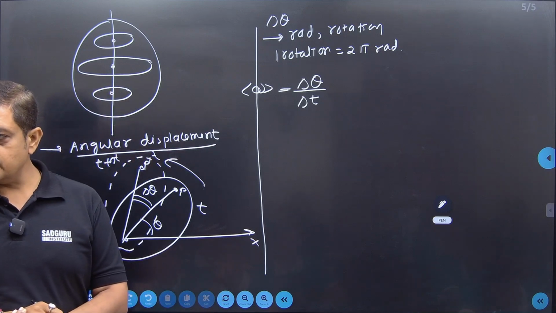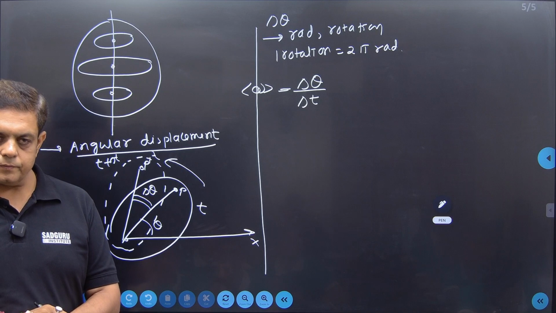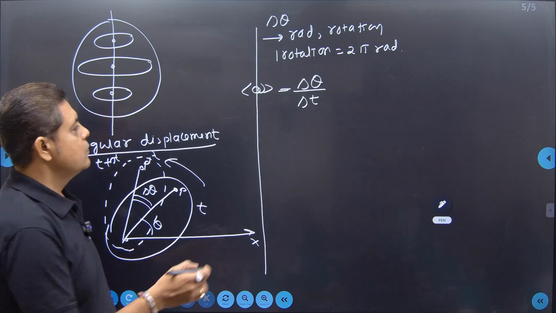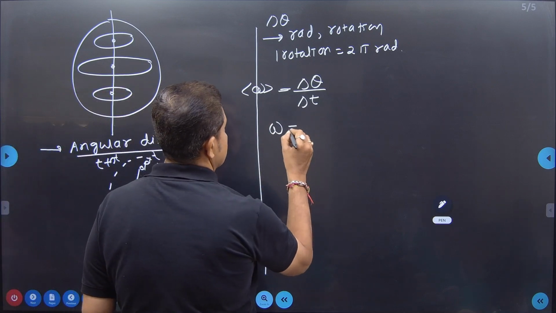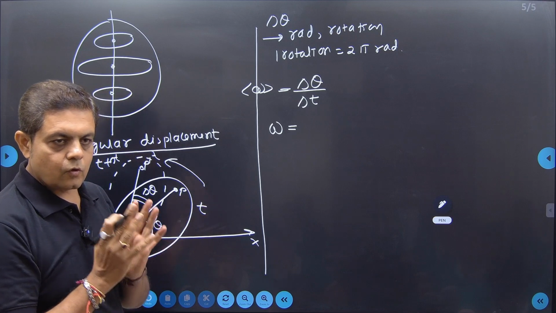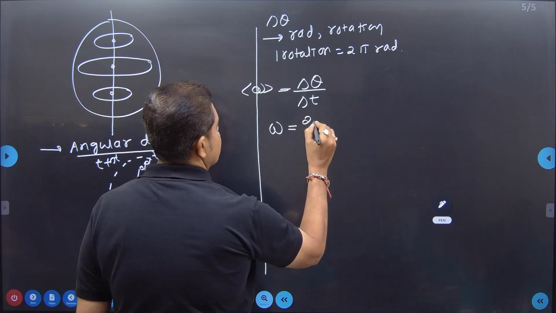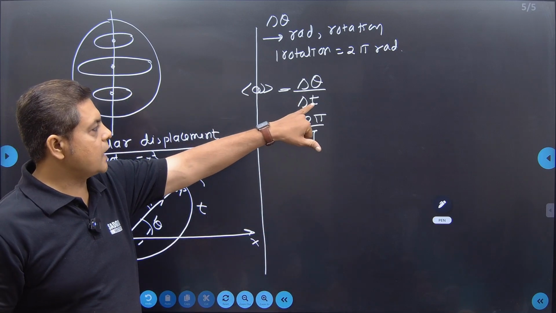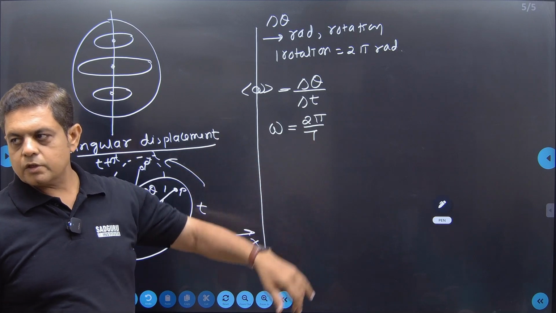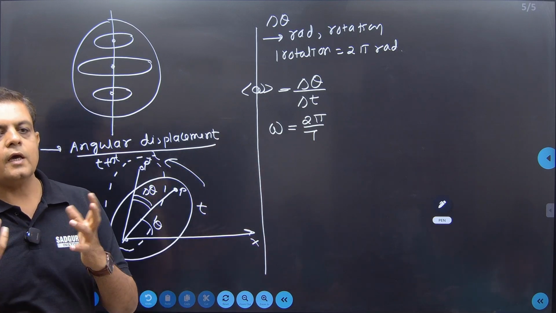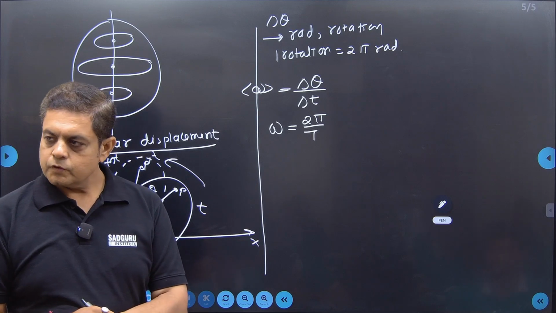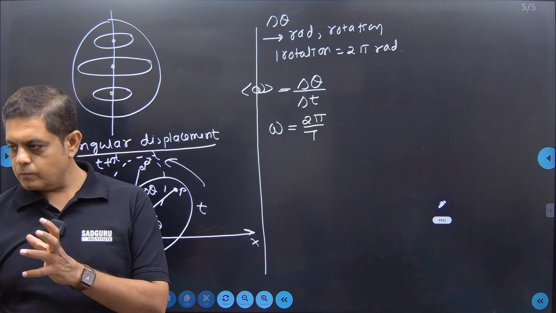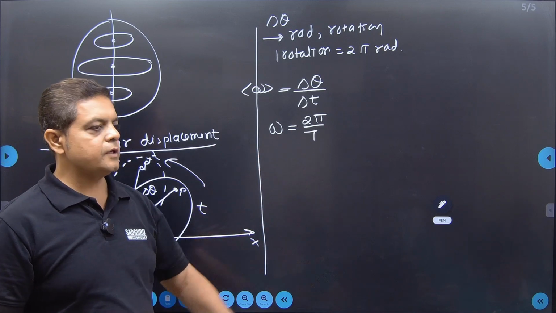If the angular speed is constant, omega can be represented as 2 pi by T. Here I have considered the time interval equal to the periodic time, and we know that in a time interval equal to the periodic time, the angular displacement is 2 pi. So if the rigid body performs uniform rotational motion, the angular speed is 2 pi by T.